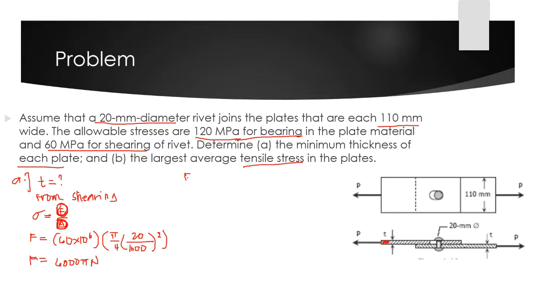So from bearing, in order for us to get the thickness, we can use the bearing equation. So the same equation, still we have force over area, and we will be isolating the A since that is where we will be getting the t or the thickness. So we have F over stress. And the F, as we know, is 6,000 pi Newton, and the stress for the bearing is 120 times 10 raised to 6 Pascal.